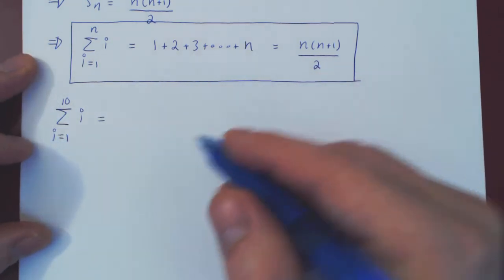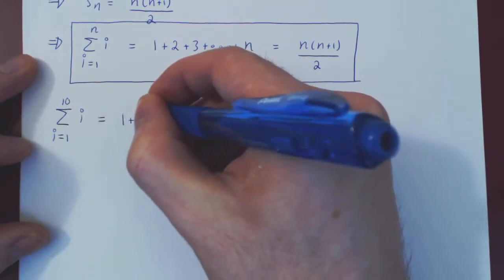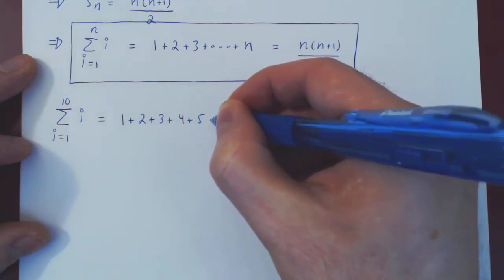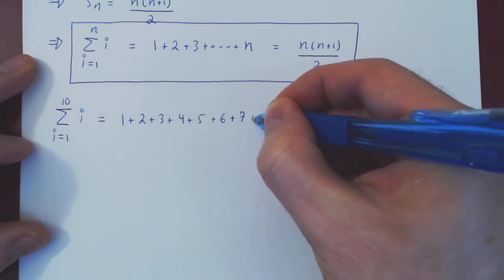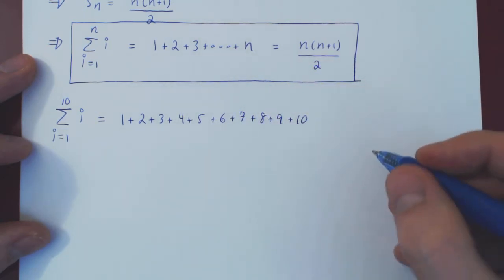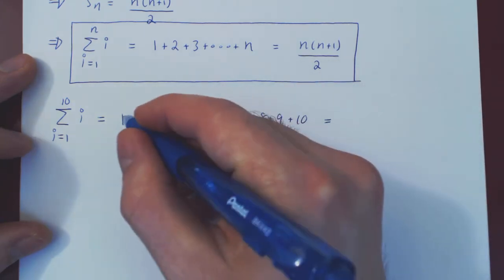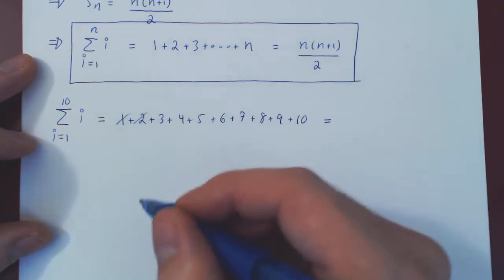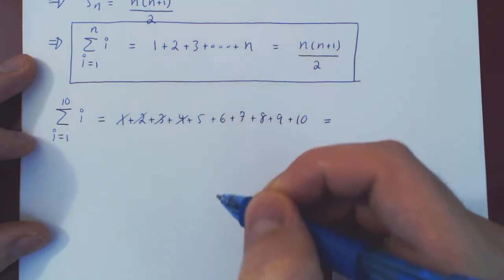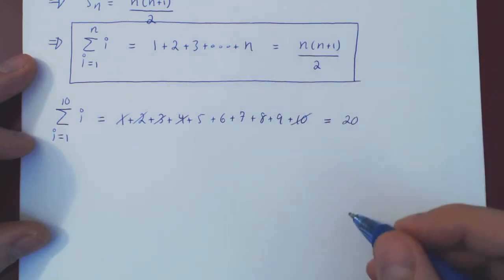Alright, long way first. So we're adding i as i goes from 1 to 10. So this is 1 plus 2 plus 3 plus 4 plus 5 plus 6 plus 7 plus 8 plus 9 plus 10. Alright, let's start adding. 1 plus 2, 3, plus 3, 6, plus 4, 10. 10 plus 10 is 20, so we have 20.